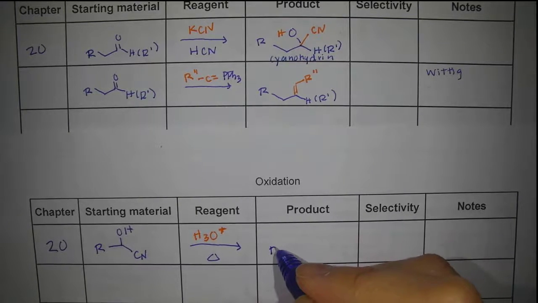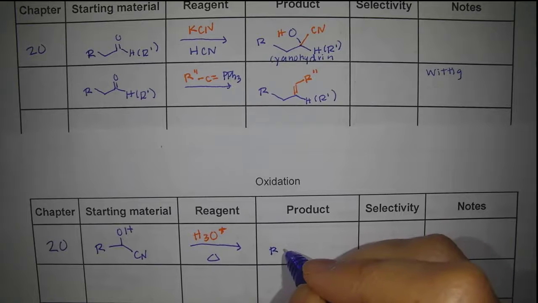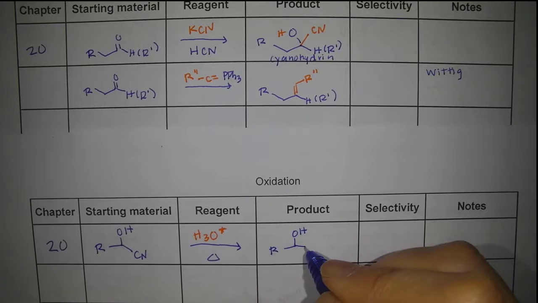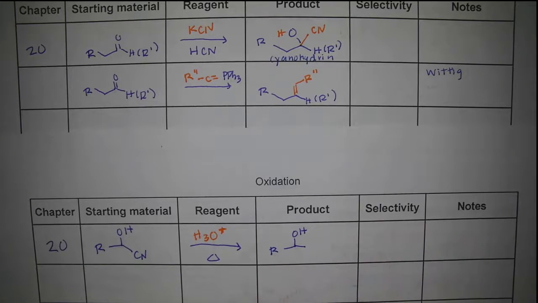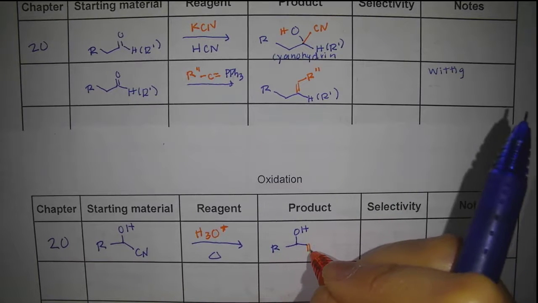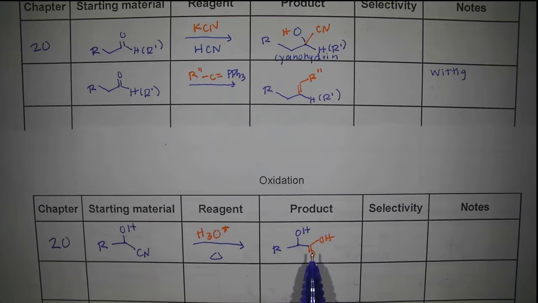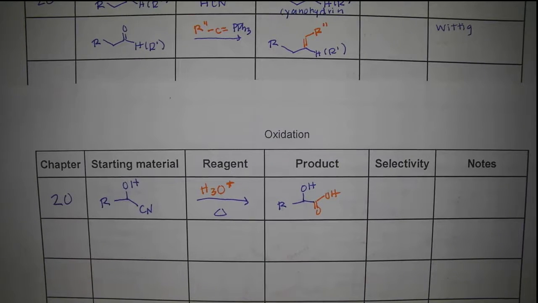What this is going to do is oxidize that nitrile, the CN, to the carboxylic acid. So I have this C to the O carbonyl to the OH. So it's going to make this nitrile right here into the carboxylic acid. All right, any questions on that one? So if you needed to add a carboxylic acid, you could do it that way pretty quickly.